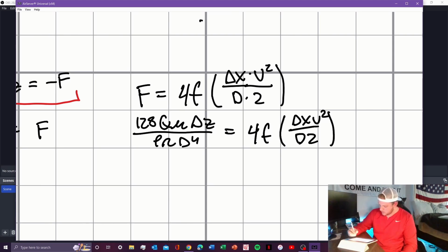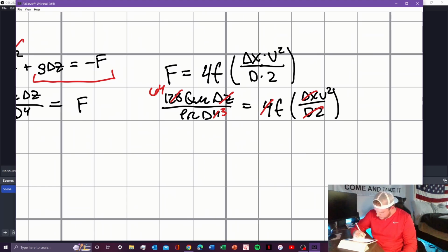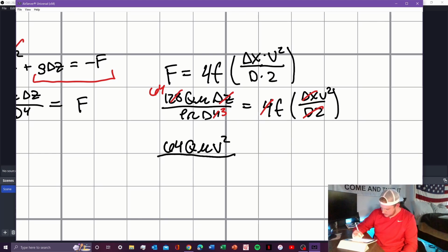We can cancel some things. We can cancel delta x and delta z because they're basically the same thing. We can cancel all of this. This will be 64. We'll get rid of one of these. So we'll have 3. And then we'll multiply the velocity squared over, so we'll be at 64 Q mu, look at the bottom, is equal to rho pi over d cubed.